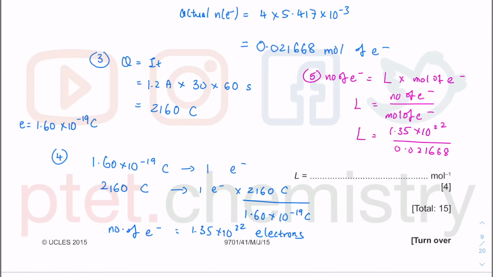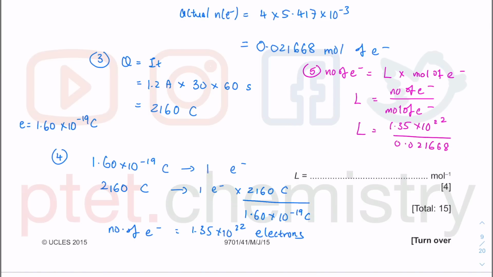This should give you your Avogadro constant, and I get 6.23 times 10 to the 23, to 3 significant figures. It is the number of electrons in 1 mole of electrons. Okay, so that's the end of that 4-mark question, and that concludes that 15-mark question overall.